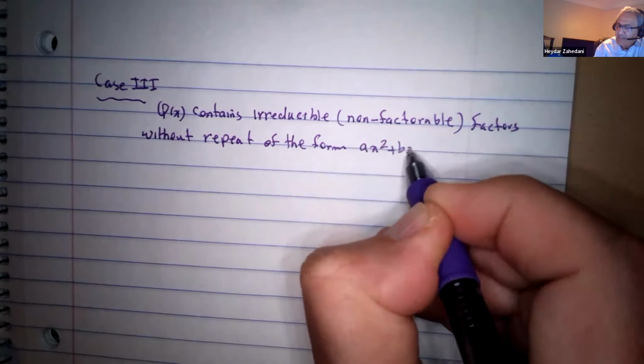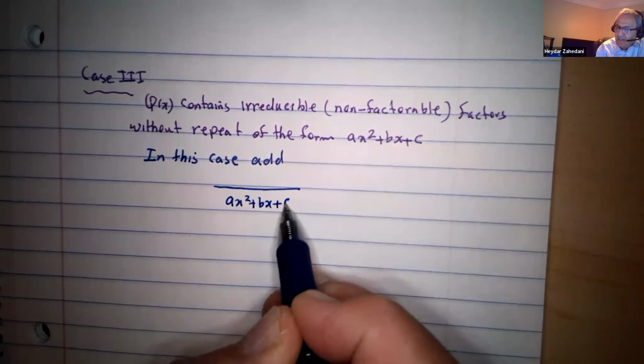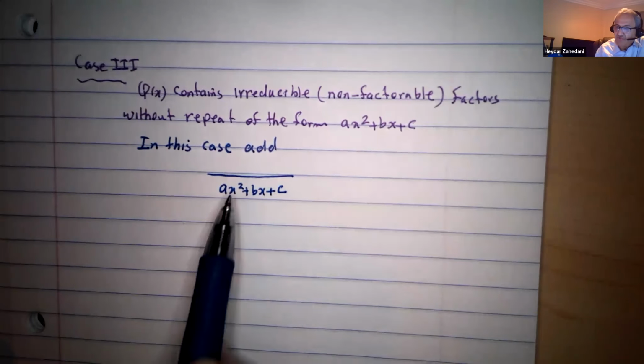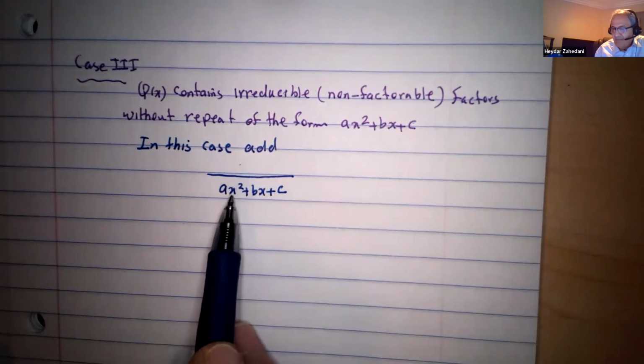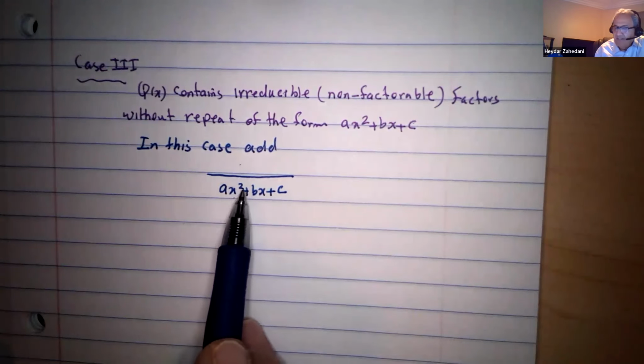You see the bottom one is ax squared plus bx plus c. It's non-factorable, it's quadratic. Remember, the degree of the top must be 1 less than the bottom. Since the degree is 2, you have to write a polynomial of the first degree here.